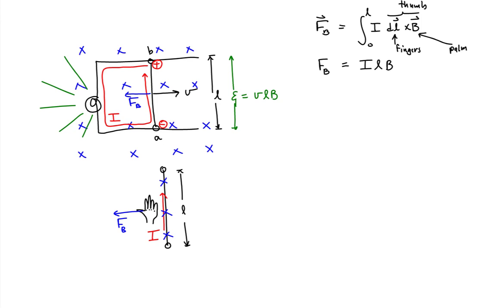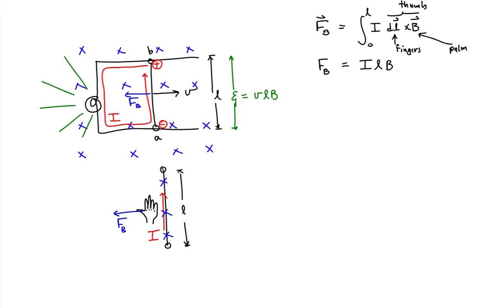So what that means is if this wire was moving with the speed of v, it would slow down and stop because of that magnetic force that's directed to the left, opposite the velocity. So we have to apply an external force to allow this wire to move at constant speed.